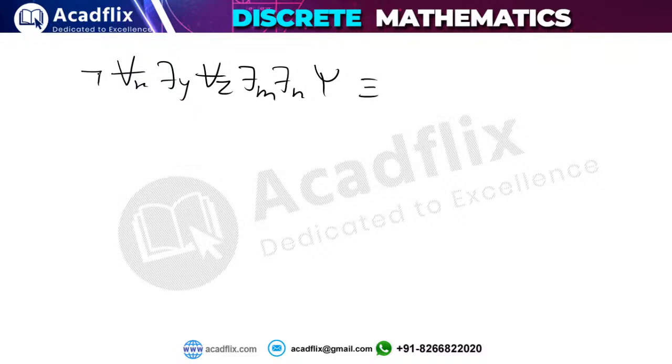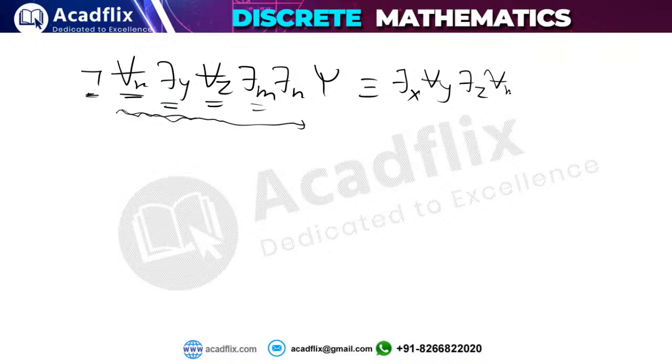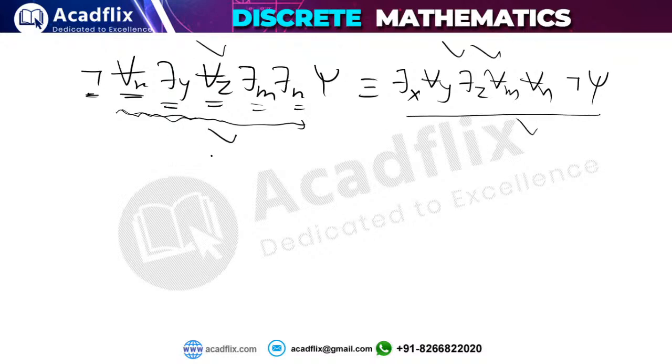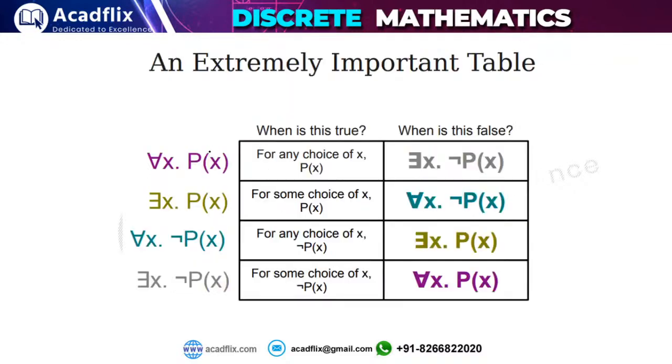All you have to do is propagate the negation inside. When it goes inside, it converts for all into there exists, there exists into for all, for all into there exists, there exists into for all, and this there exists into for all. Finally the negation stops at psi. Remember, this is equivalent to the original. So this is how you can negate a quantifier.